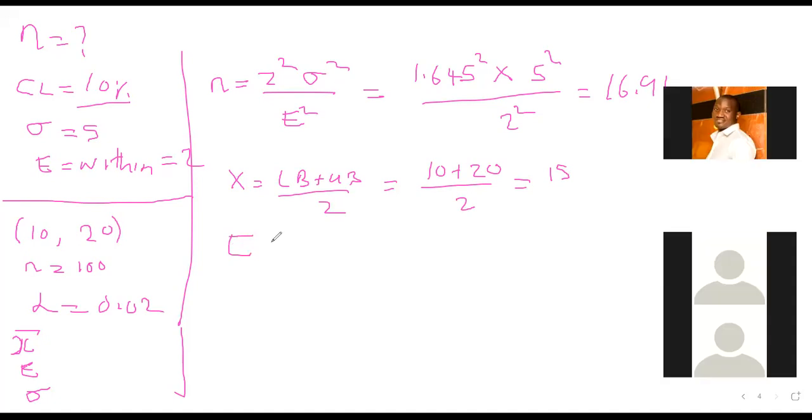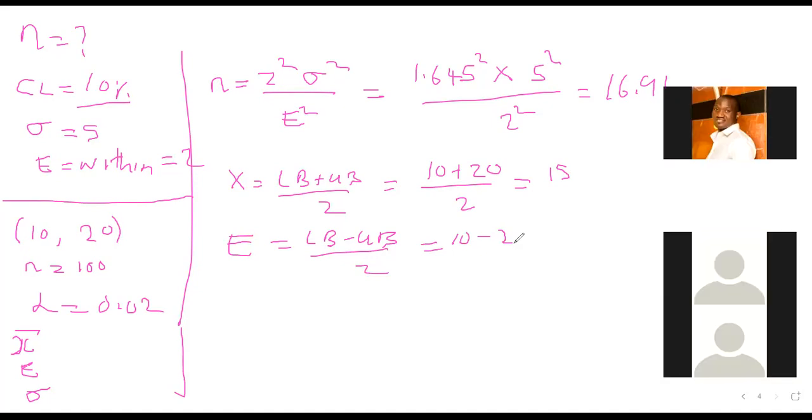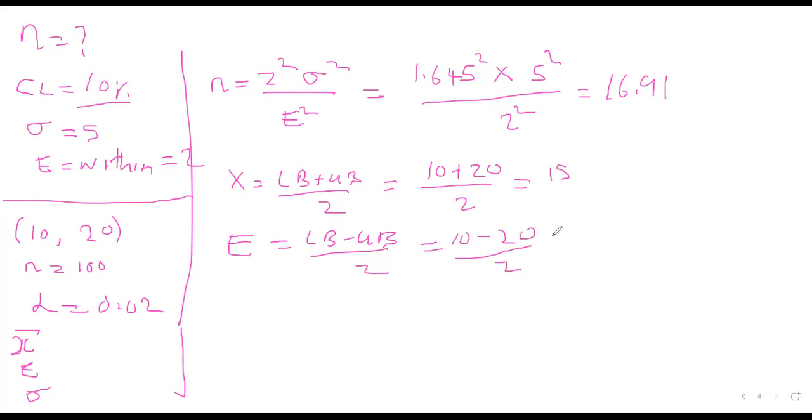And our error is the difference, lower bound minus upper bound divided by 2. 10 minus 20 over 2. The error is plus minus. You can get a negative or a positive. 10 minus 20 is negative 10 divided by 2.